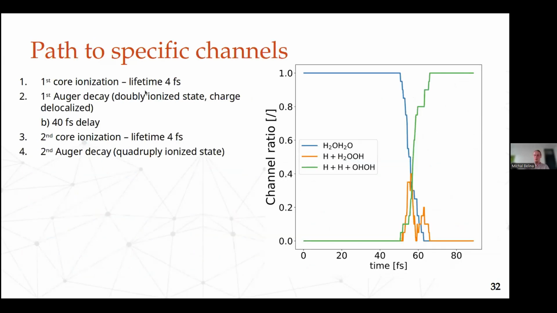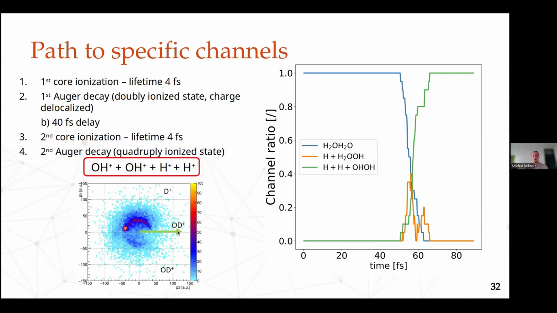So far we looked at the creation of the hydrogen plus and OH plus channel. So here it is, and here is like the cooking book of the processes that lead toward this channel.